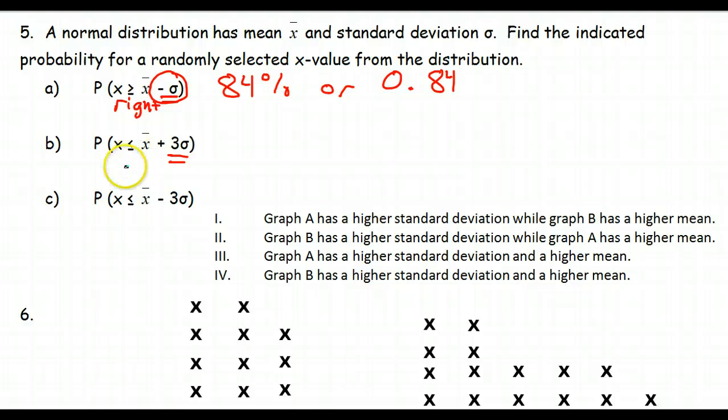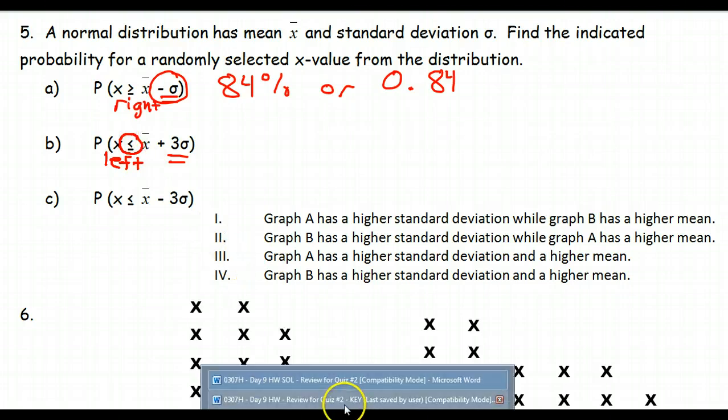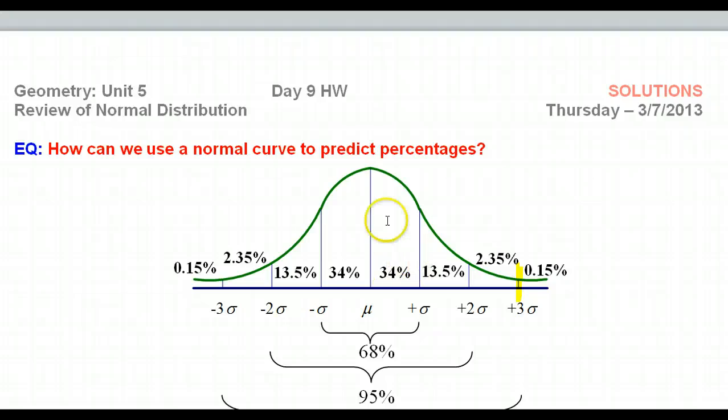Since this is less than, we will look to the left. So to the left, that's going to look like this. So it's everything from here over, and it goes forever.